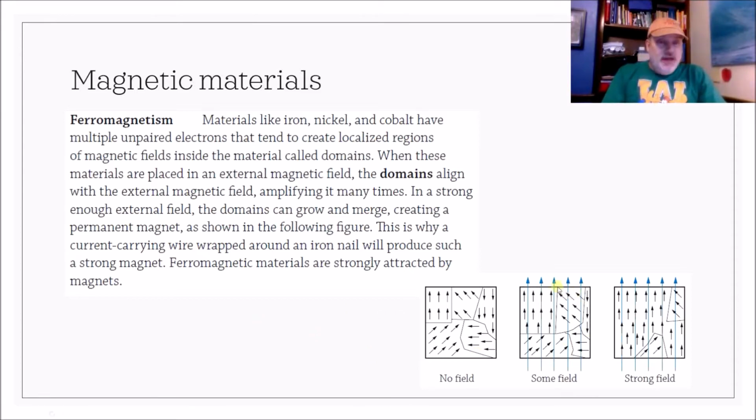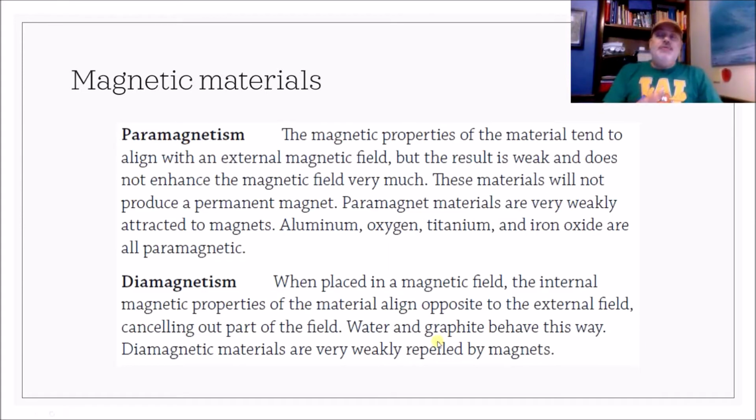But if you put it in an external magnetic field, these domains tend to start lining up. And if you have a strong magnetic field, they'll line up and they'll end up making a permanent magnet. So if you wrap a wire around an iron nail, send current through it, let it sit there for a little while, and then take it off, that iron nail will be magnetized and it will be able to pick up a paperclip.